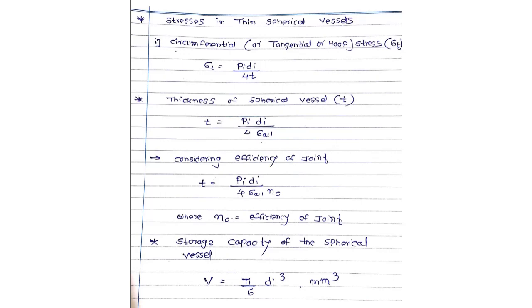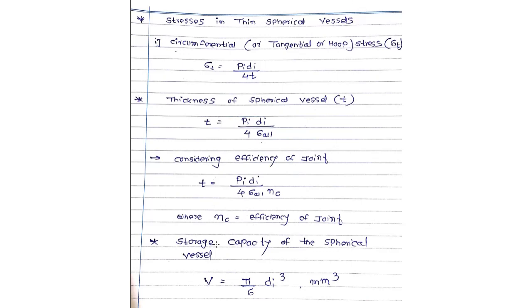Again, if you want to consider the efficiency of the joint, as this vessel is going to be manufactured by joining different parts, then t will be Pi into Di divided by 4 times sigma all, with this term remaining the same, divided by NC. Here NC is nothing but the efficiency of the joint. In the last case, for the thickness of a thin cylinder, we take NL, the efficiency of the longitudinal joint, but in a spherical vessel we take NC, that is the efficiency of the joint.